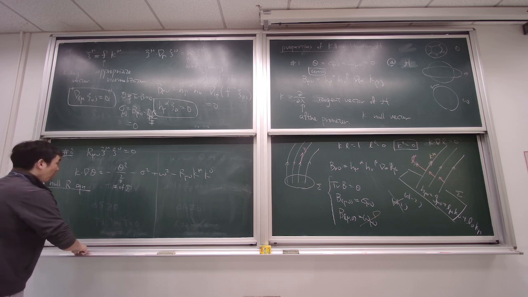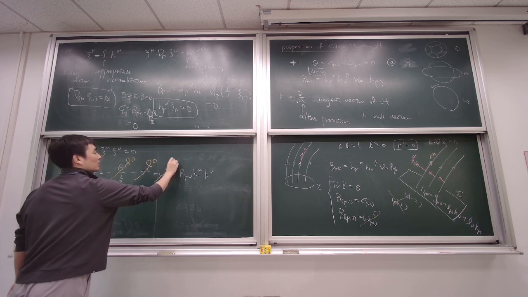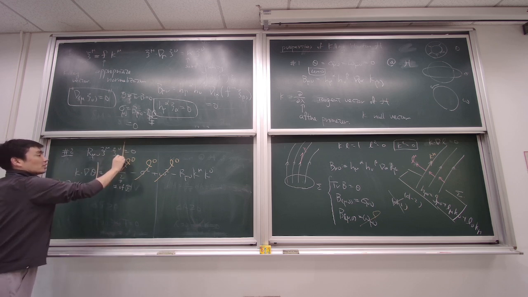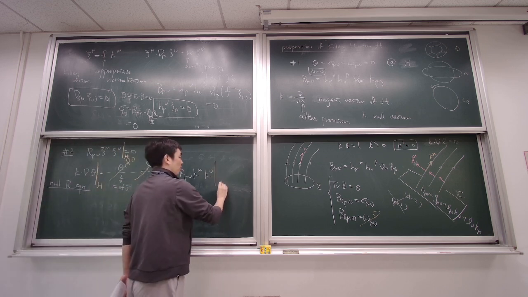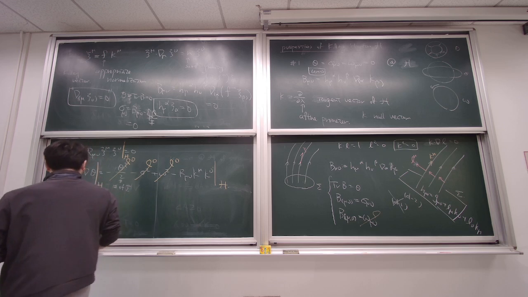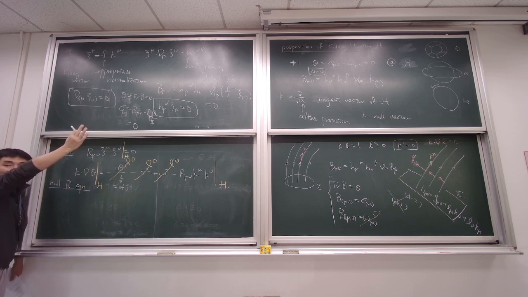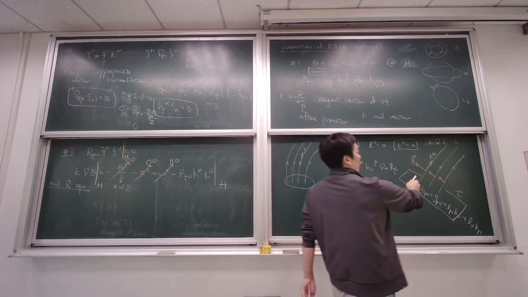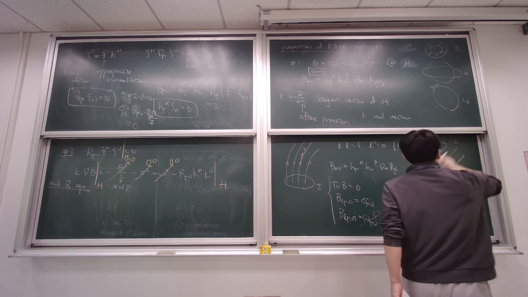But we know this is equal to 0, and this is equal to 0, and this is equal to 0. If we restrict to the horizon, sigma is always 0 at the horizon. So therefore, its derivative along the horizon is also 0. K nabla is the derivative with respect to this tangent vector, so it's always 0.